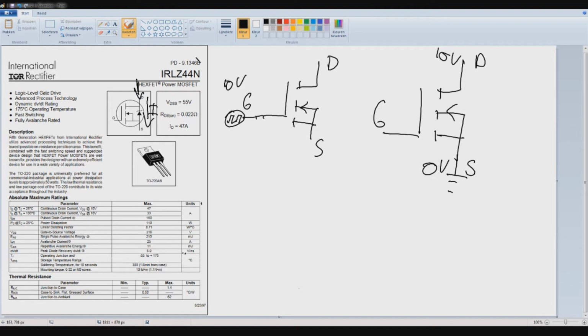First, what we see is junction to case. If you take a look at this picture, this is the case, the black part. So what does it say? It says 1.4 centigrade per watt, and let's assume this 110 watts.